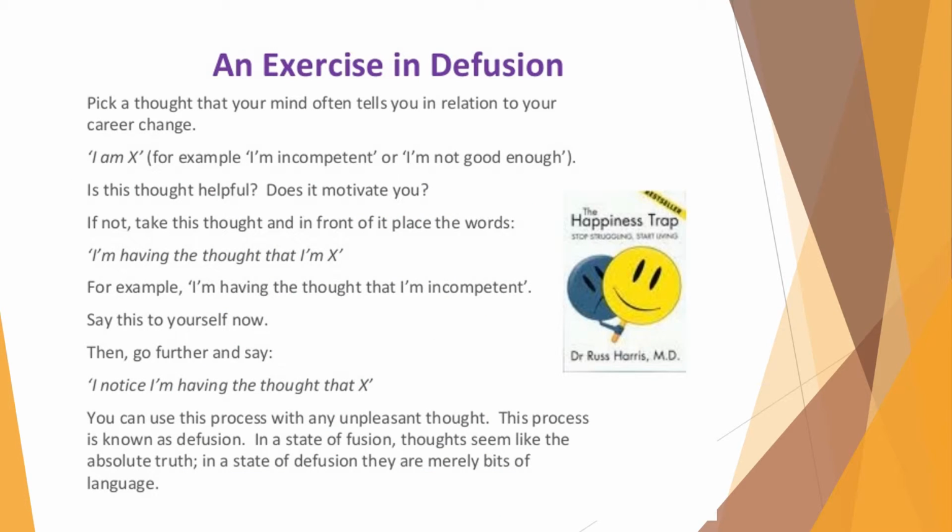So an example that's brought up in The Happiness Trap is reframing the thought, which is another powerful tool. So it's a way of taking a thought and giving it a different context. So even just by saying, instead of "I am a particular thing," as the example on the screen says, "I'm incompetent" or "I'm not good enough," a more honest interpretation is to say "I'm having the thought that I am that thing." So, "I am having the thought that I'm incompetent."